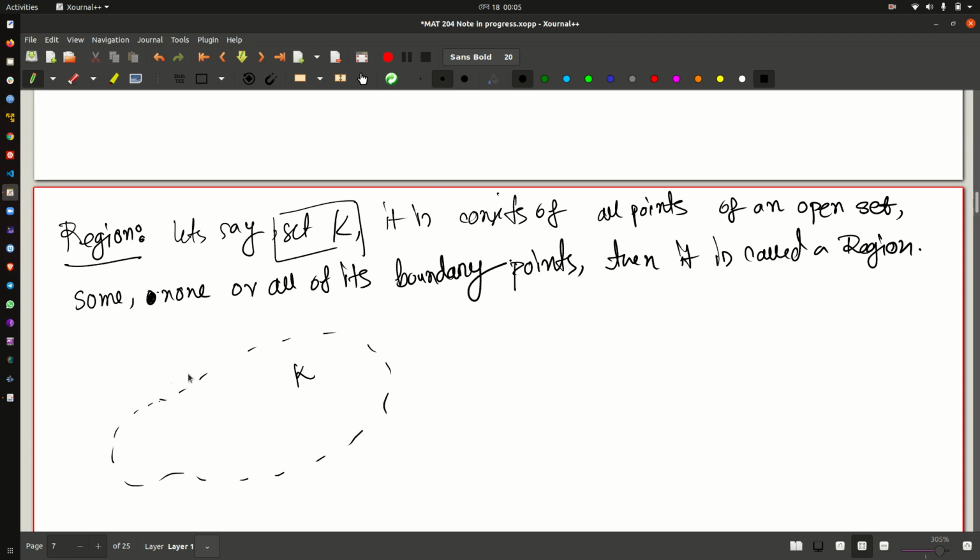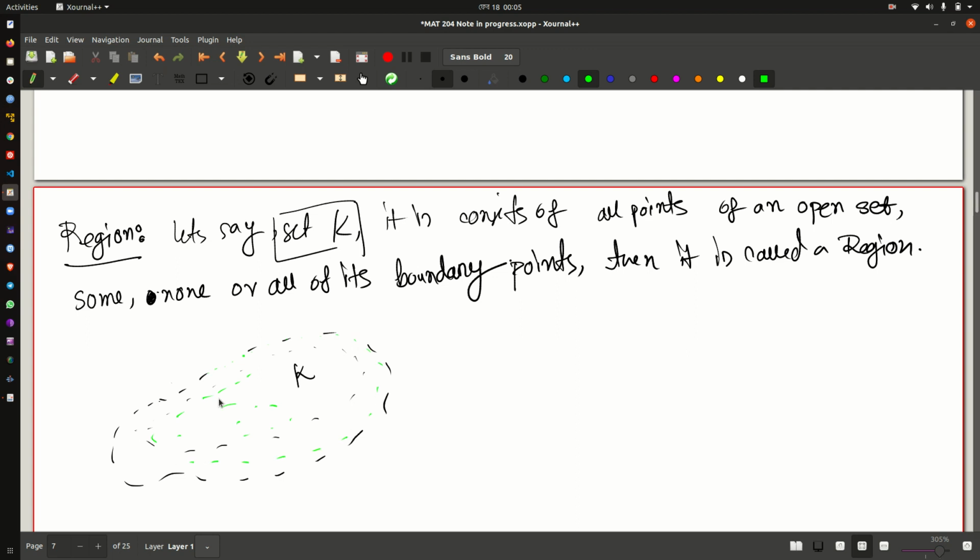So this can be thought of as a region, the thing that I just drew with that dashed line. So this is a region. Why? Because it contains all the interior points, that is points like this over here, and since it doesn't have any boundary points over here, they're also interior points, okay.